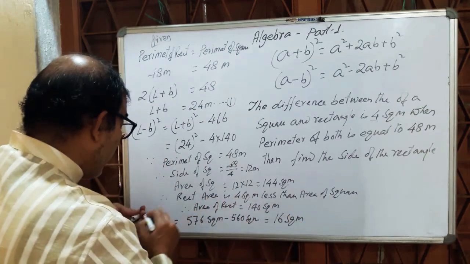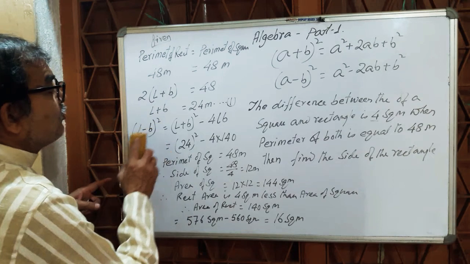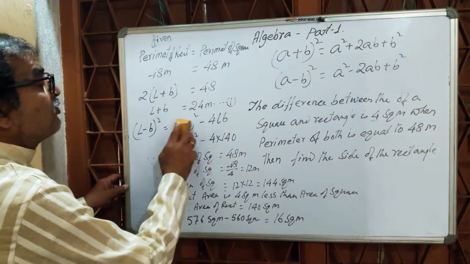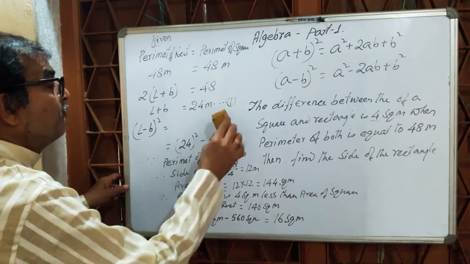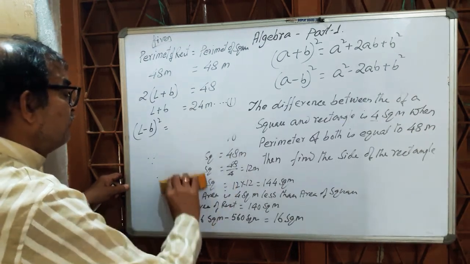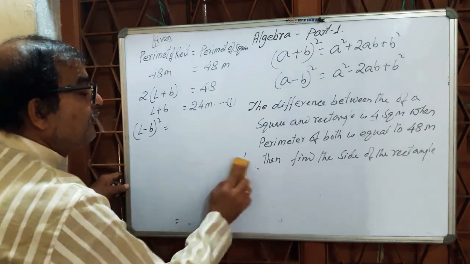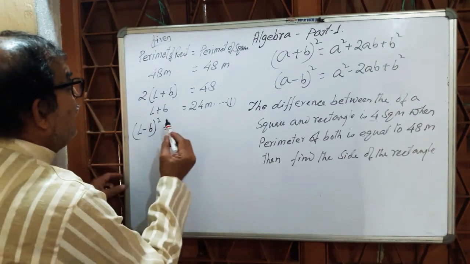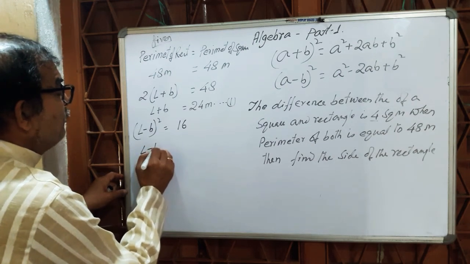Now you see, I have got L minus B whole square equal to 16. So L minus B equals root over 16.